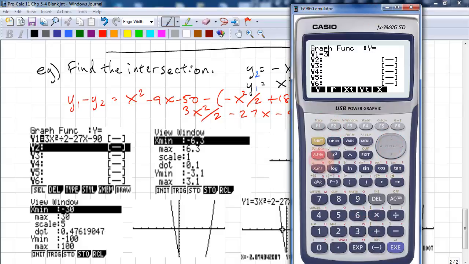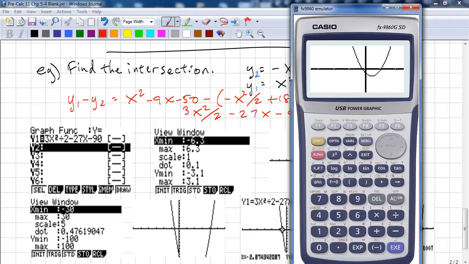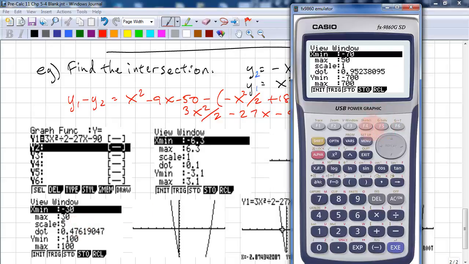Okay, we have 3x squared divided by 2 minus 27x minus 90. Graph. We're going to adjust the window to negative 30, 30, and negative 100 to 100.